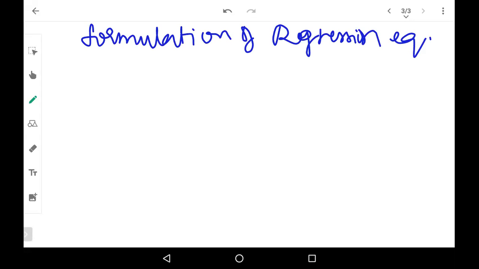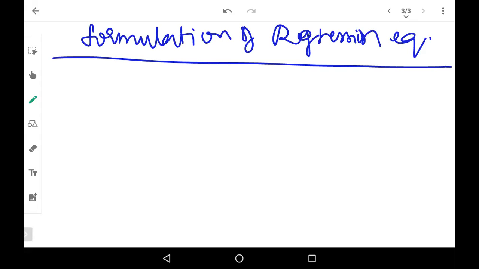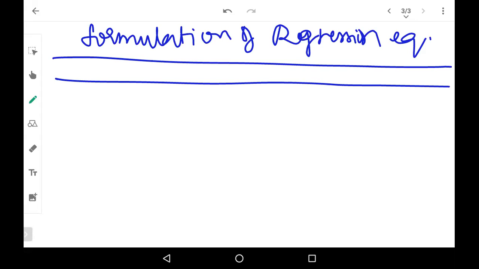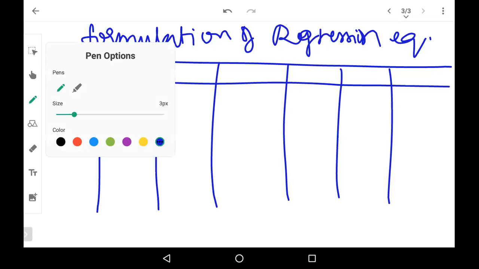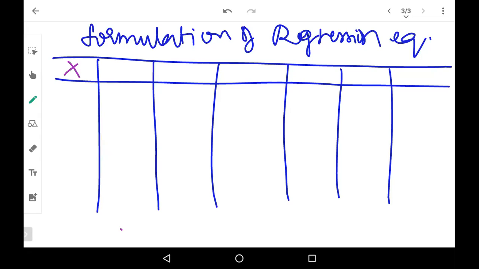Now we'll have a table. First we'll write x, y, and then we'll find the deviation for x, deviation for y, and then x square, y square, xy. First we'll write what is x, what is y.